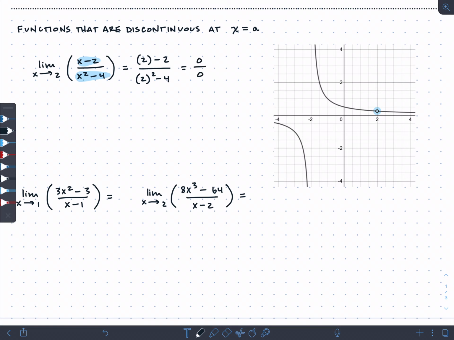All right, we're going to call this an indeterminate form. Now, the notation that I'm using here, unfortunately, isn't super correct to put the equal sign there, but I'm just going to do that for now.